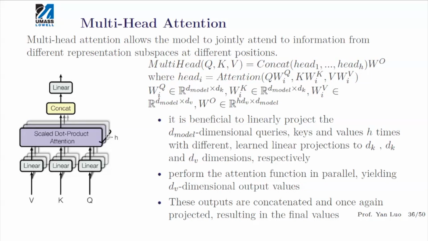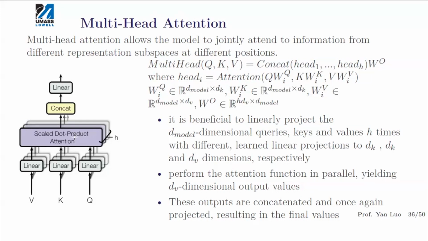It may happen that the first head, or the first copy of this scaled dot product attention, tries to capture the relevance between the verb and the following object. Another head of this scaled dot product attention module will capture the relevance among these different verbs.